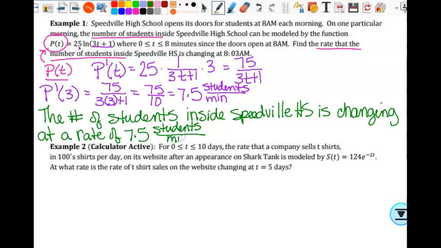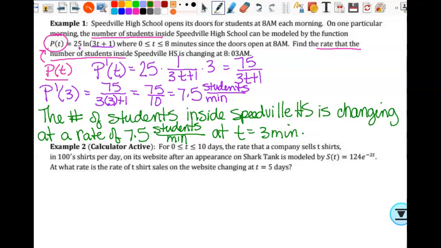And you can write in words students per minute, or you can write it as units like that. Is that the end of my sentence? Is it always changing at that rate? At t equals 3 minutes. Okay.